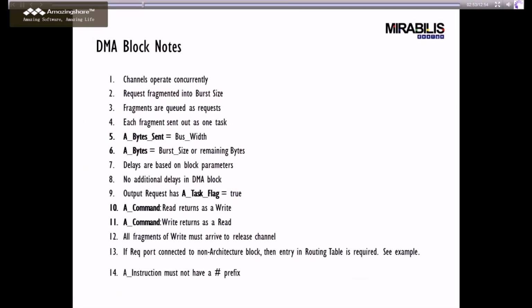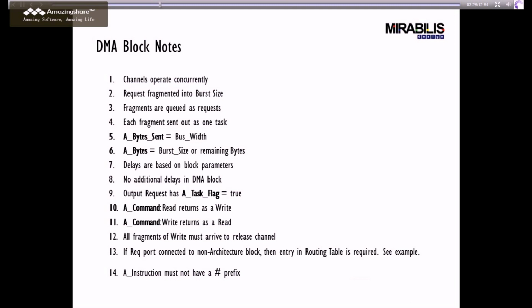A couple of points on DMA blocks and the channels. As I said, you can have multiple channels in the DMA block. All these channels operate concurrently, and the incoming request can be fragmented into different fragments based on the bus size. All the fragments are queued as a request.